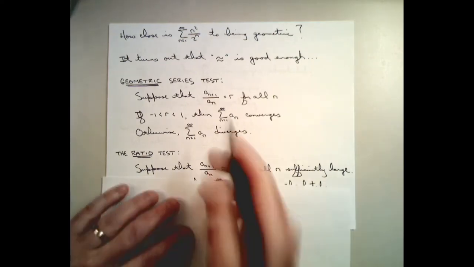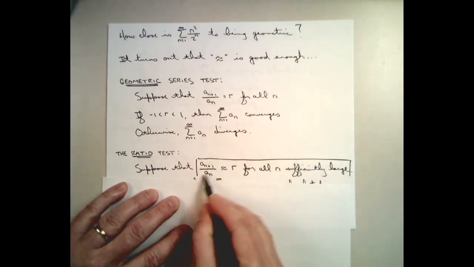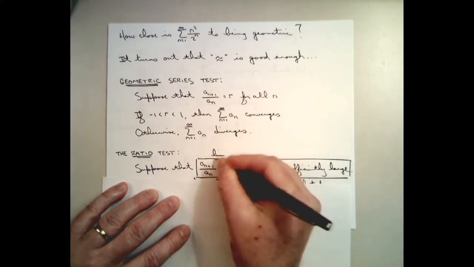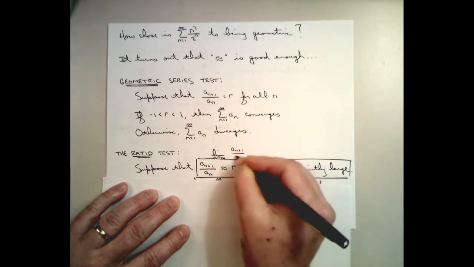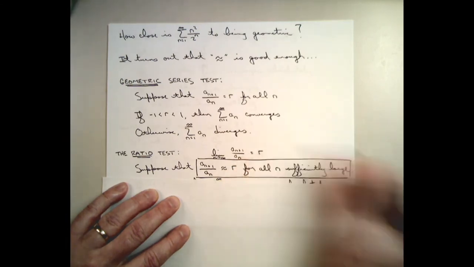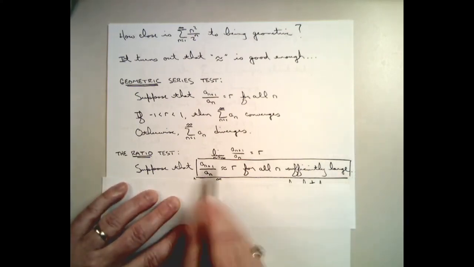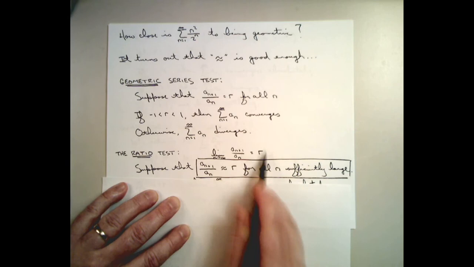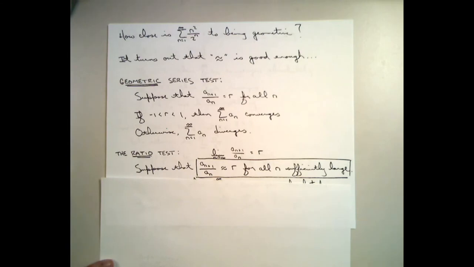And this is another way of saying, suppose that the limit as n approaches infinity of a sub n plus 1 over a sub n is some number r. All right, so suppose that my ratios are approximately r for all n sufficiently large. In other words, suppose that the limit of the ratios of the terms exists. I'm calling that limit r.